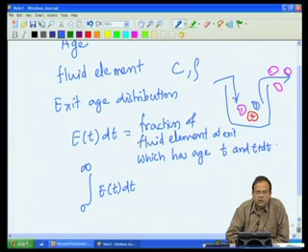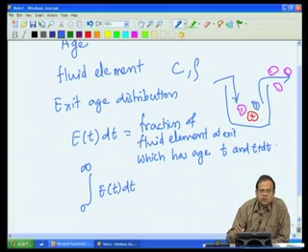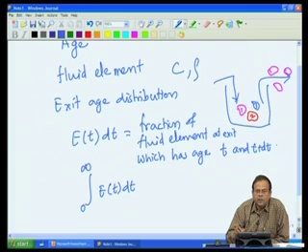This means that I am looking at the fluid elements in the exit stream and seeing what fraction has spent time between t and t plus dt, and enumerating all this from time t equal to 0 to a very large time, let us say infinity.